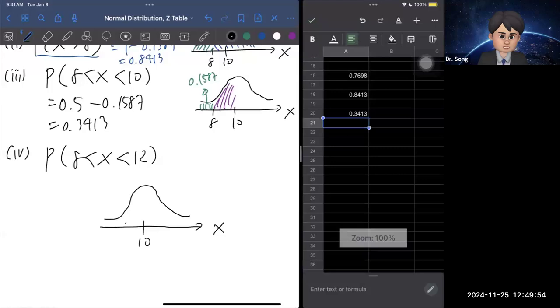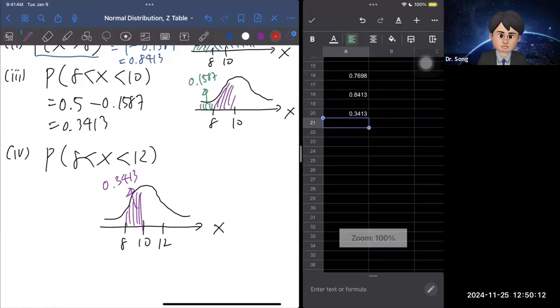Now the last question, again, you sketch the graph to avoid mistakes. Here's the center at 10, here's 8, and here's 12. This part is the one we just calculated, which was 0.3413. But the question asks you to calculate the probability between 8 and 12.